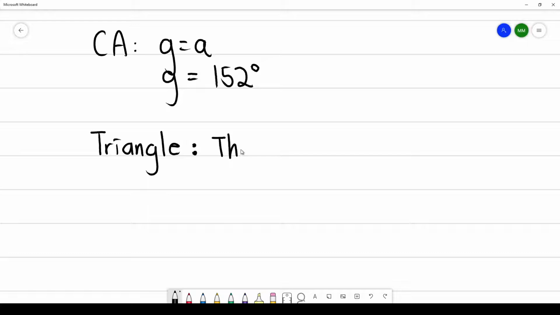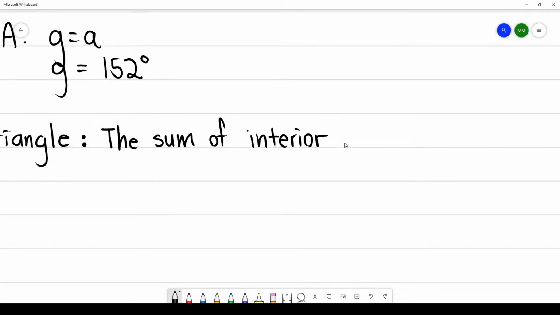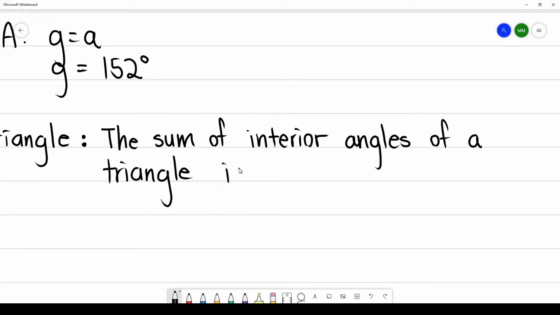The sum of interior angles of a triangle is 180 degrees.